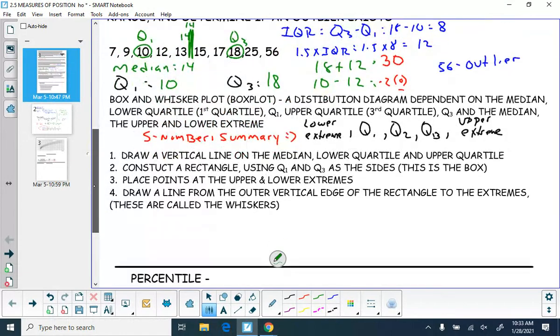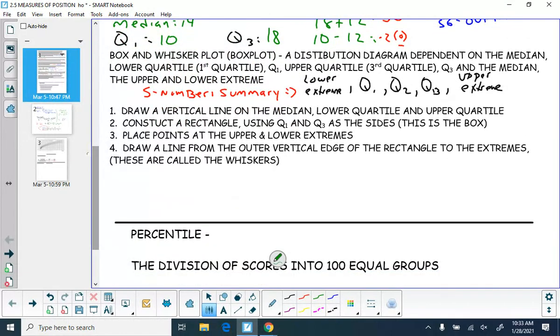Let's see, we're going to use a set of data up here. So counting up by tens.